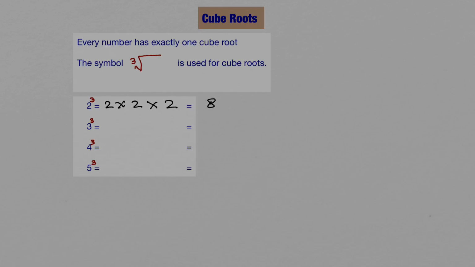In order to find the cube root of 8, it would be the reverse of it.